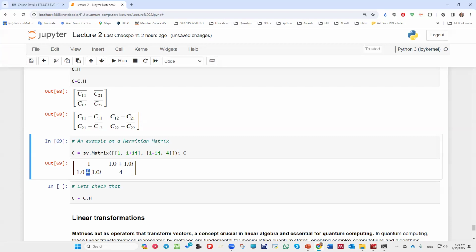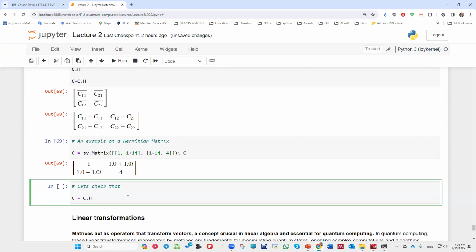So the difference in sign here and here. When you transpose this matrix, these two off diagonal elements exchange, but then you take the complex conjugation and the sign returns to plus again. So the matrix stays unchanged after Hermitian conjugation.